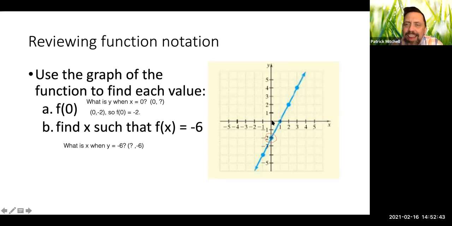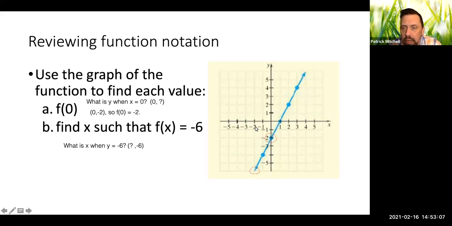All right. So y equals negative 6 is down here. It's at the very bottom of the graph. So if I look to my left and look to my right, it looks like there is only one point where y is negative 6. For this type of problem, by the way, there could be more than one answer. So it looks like we're talking about this point right here.